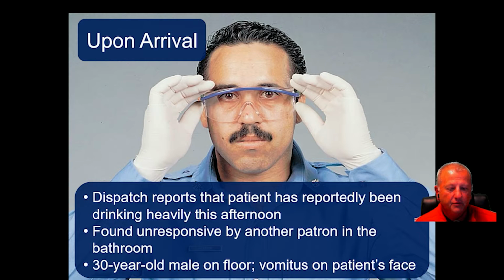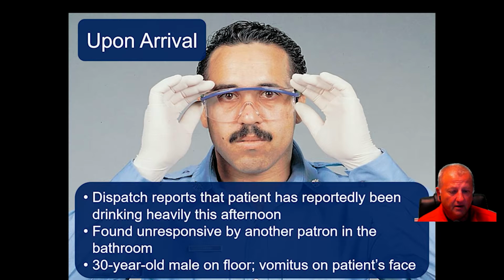So the dispatcher reports that the patient has reportedly been drinking heavily this afternoon. The patient's been found unresponsive by another patron in the bathroom. We have a 30-year-old male on the floor and vomitus on the patient's face. So that's quite a bit of information. You'll learn in this chapter that alcohol is actually a respiratory depressant.